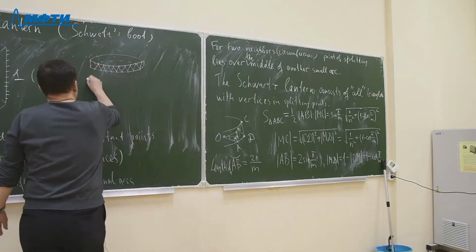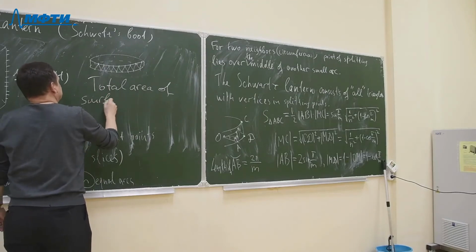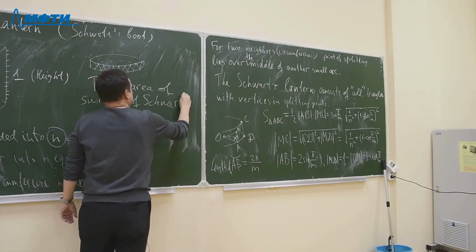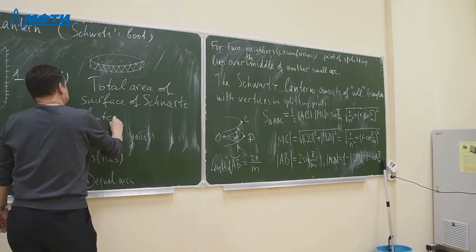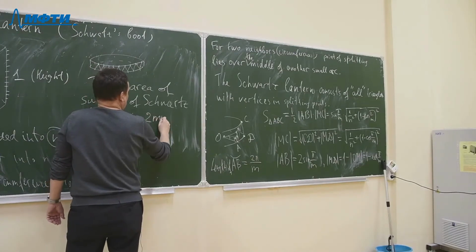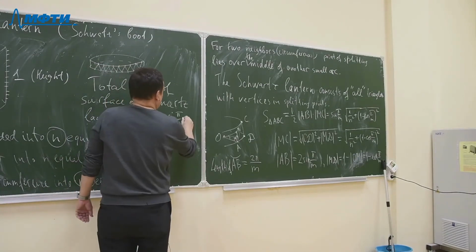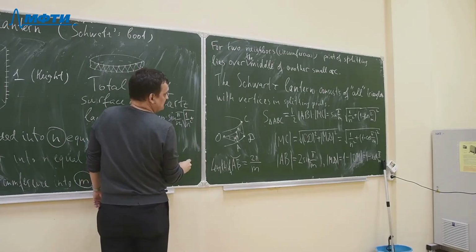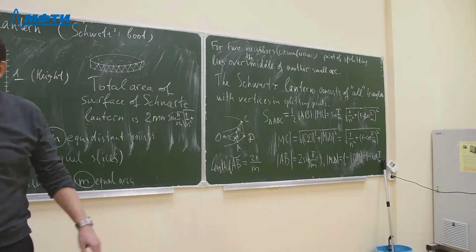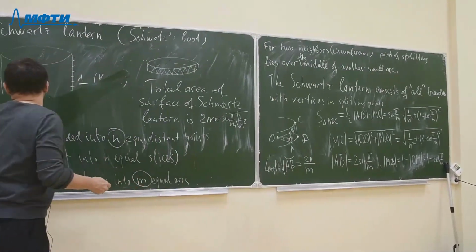So the total area of the surface of the Schwarz lantern is 2mn times sine pi over m times the square root of 1 over n squared plus... too much. Okay. I think I can erase it.